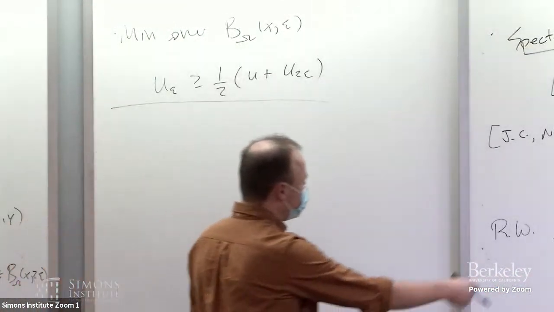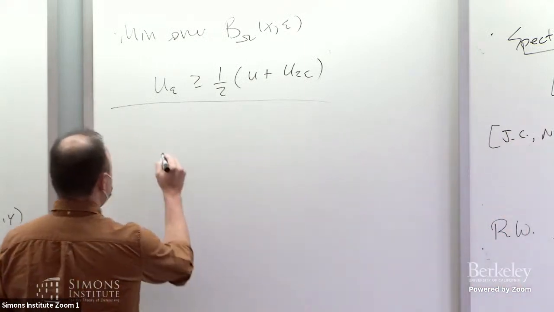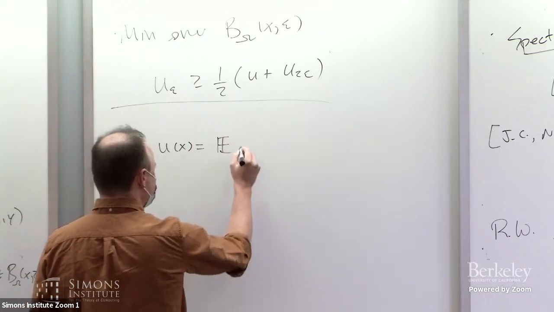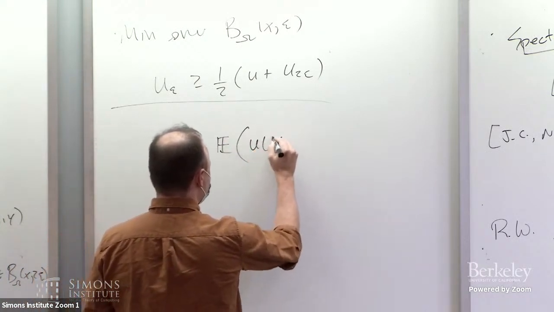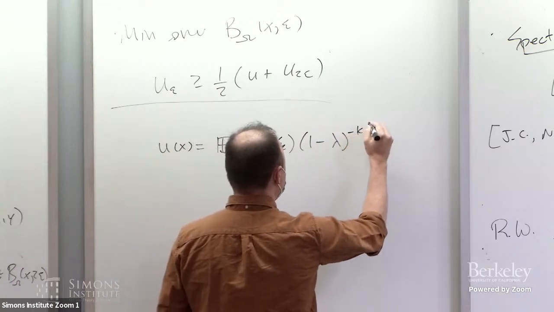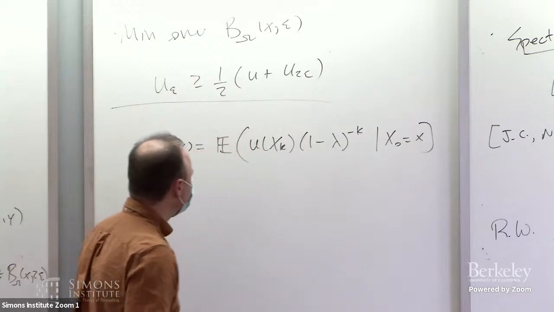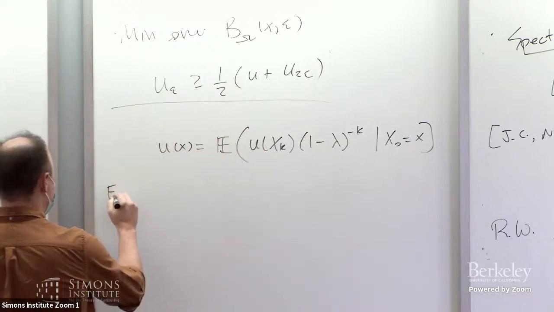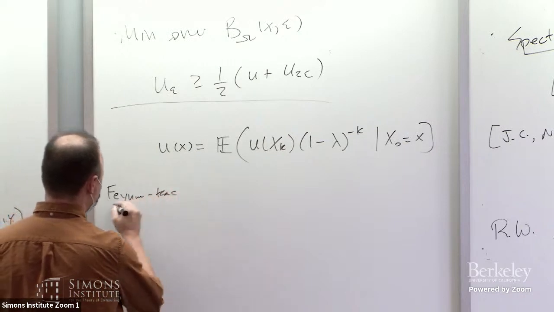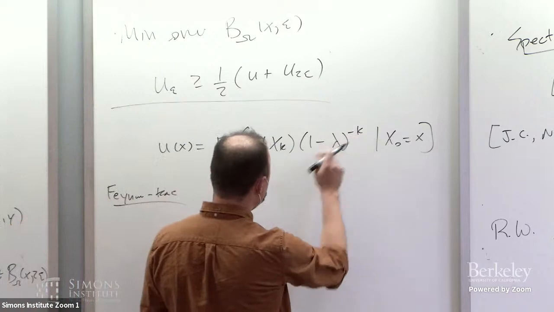Then if I have an eigenvector problem here, if this is the random walk graph Laplacian, then I can write u of x as the expectation of u of x_k along the random walk, times (1 minus lambda) to the minus k, given that I start the walk at x. I would call this a Feynman-Kac formula, Kac. You should have small eigenvalues, large k.